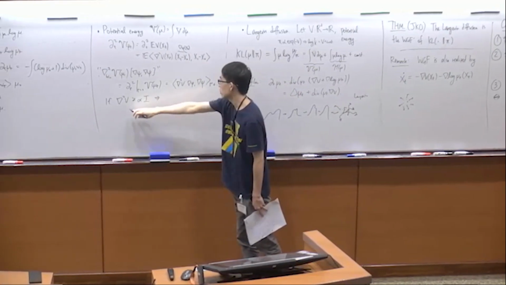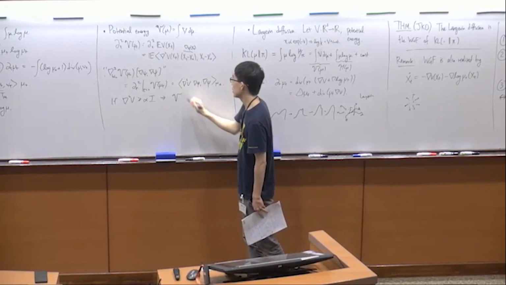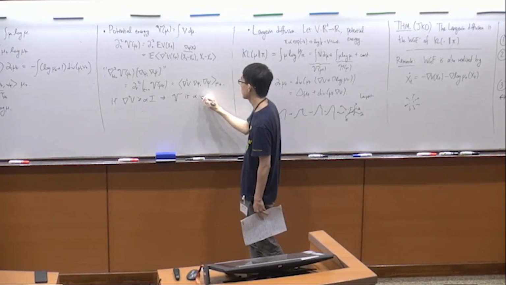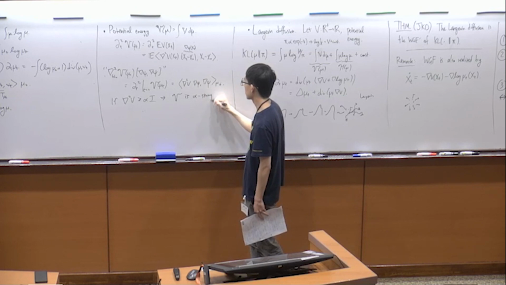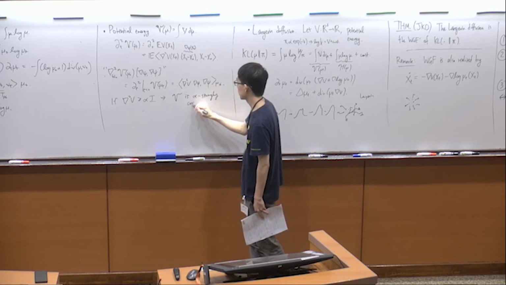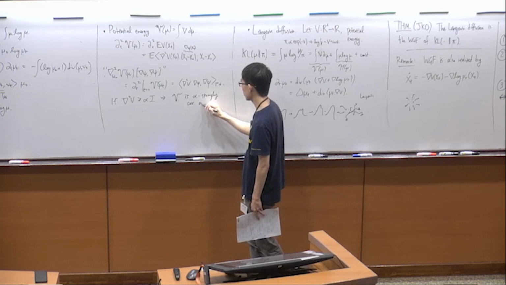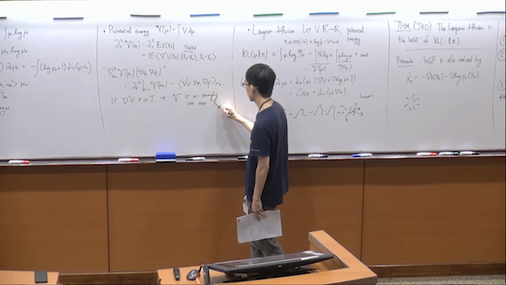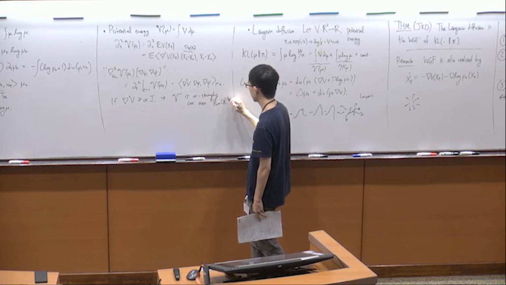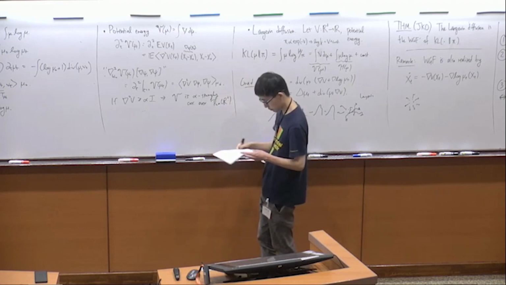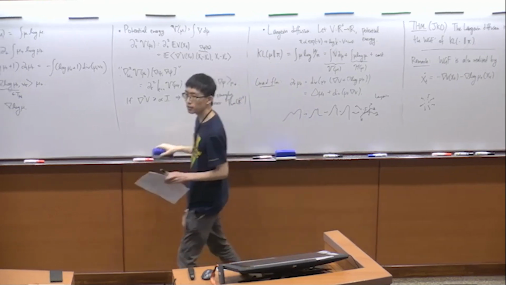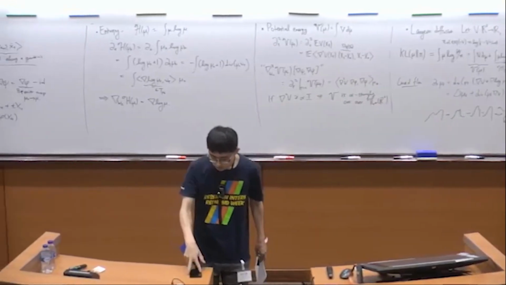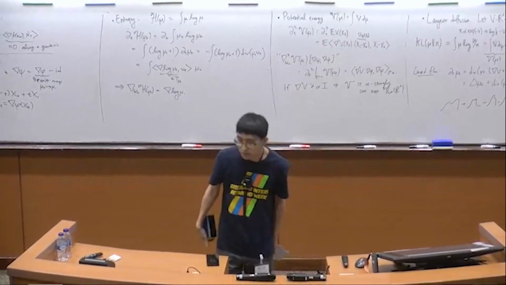So as soon as V is strongly convex, then actually the potential energy function is strongly convex over Wasserstein space. Is it equivalent? Yes.